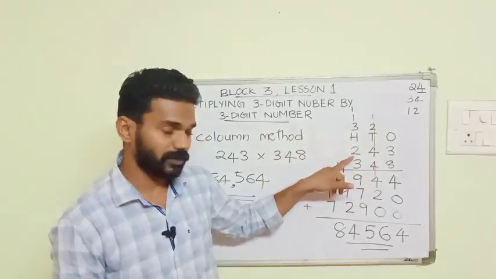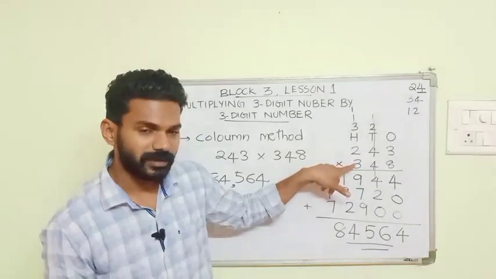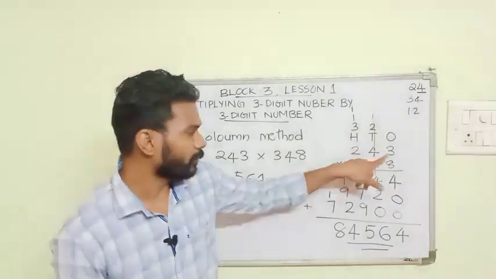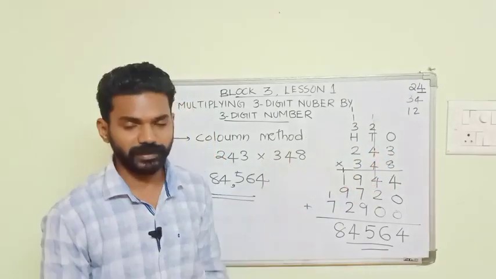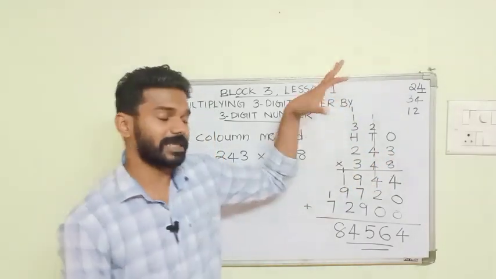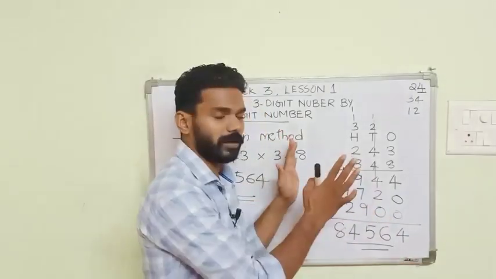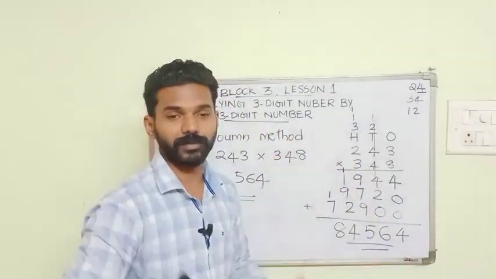And on the fourth step, we consider the third place, which is the hundreds place, multiplied by every digit. And during this time, there are chances for regrouping, and regrouping also has to be done with utmost care.